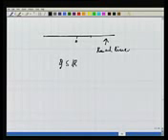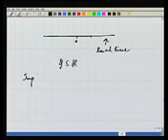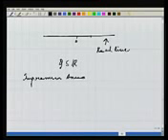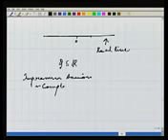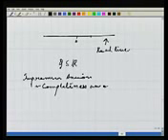Now, the second thing, the most fundamental about this real line, was the supremum axiom. Sometimes this is also called the completeness axiom. What does it say?